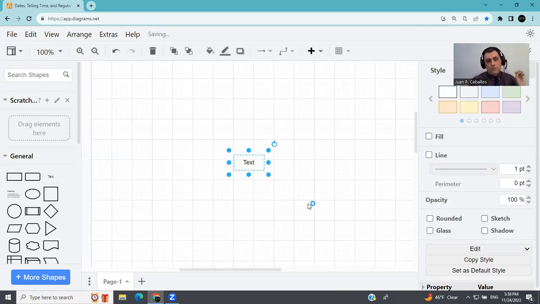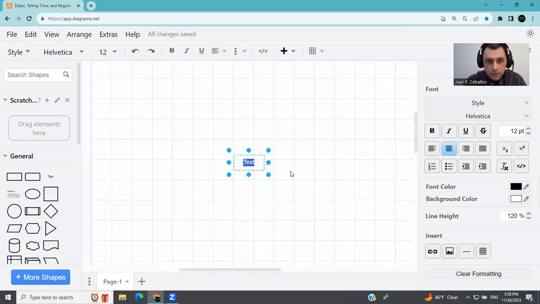So in English, you can say today is October 21st of 2021. Okay. So I'm going to put it here in Spanish so you can see something.